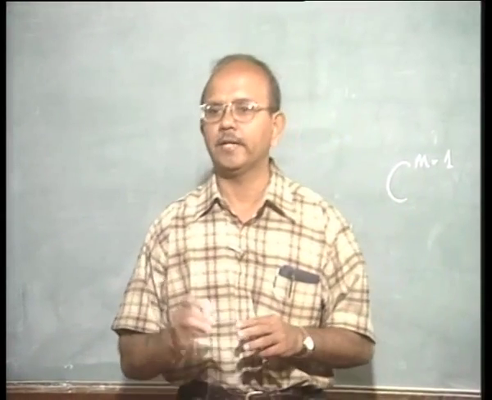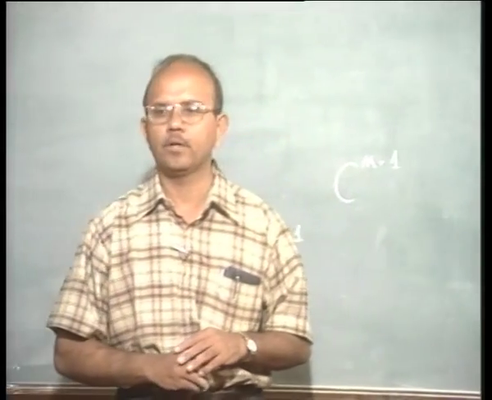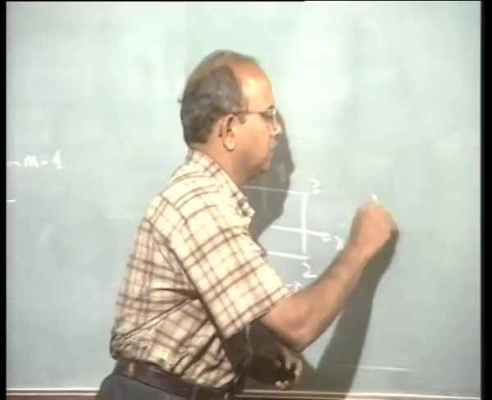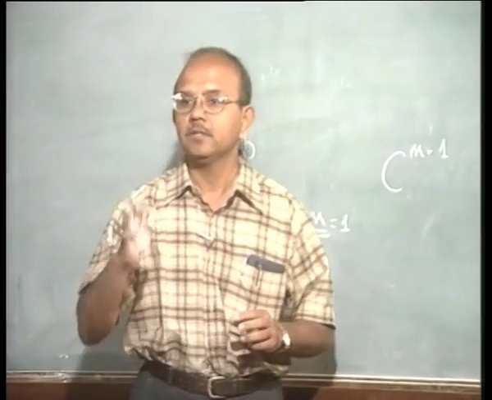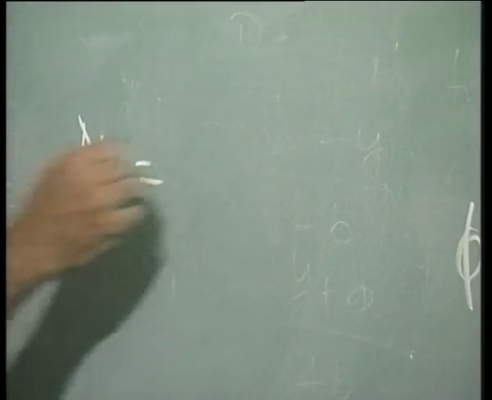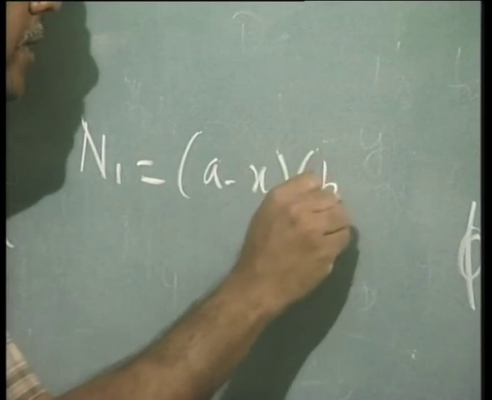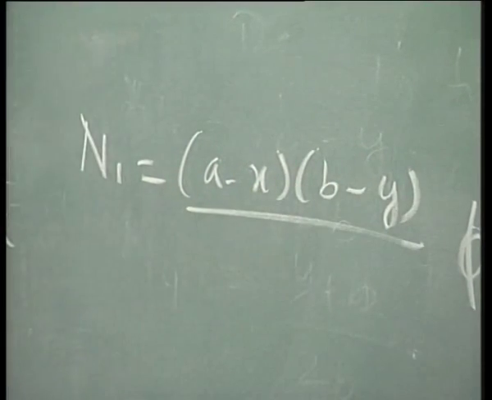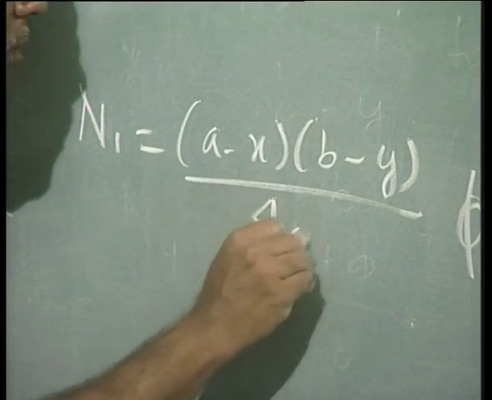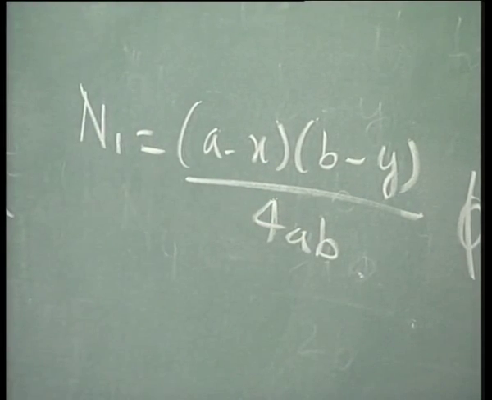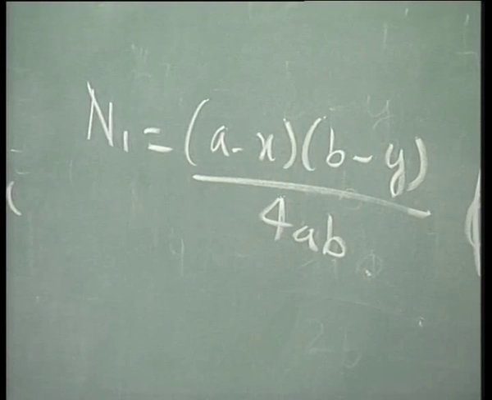So what is that you get ultimately? I have not yet got your answers for n1, n2. So what is n1? Yes, (a minus x) into (b minus y) divided by 4ab. Now how do I check whether this answer is right? First check, straight away check.